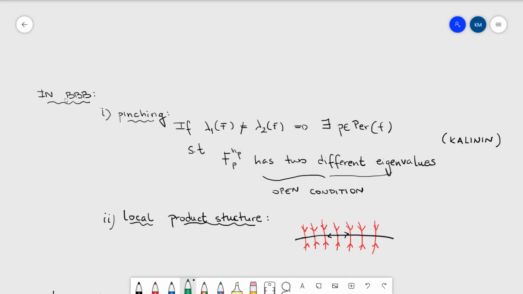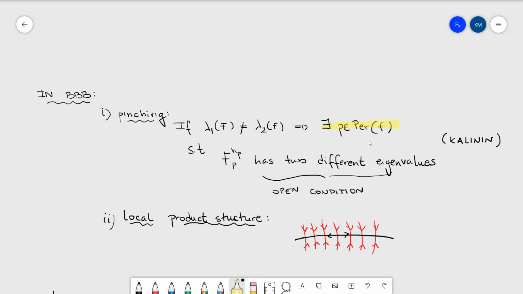So in this setting, if I have different Lyapunov exponents, then I'm able to find a periodic point that has this property. And this property is open. If I perturb my linear cocycle, I'm still going to have this property. So here you see that we already have a problem, because if my base is partially hyperbolic, this here is not necessarily existing. I can't have a partially hyperbolic without periodic points. So this is one of the major differences when I'm going to the partial hyperbolic setting.